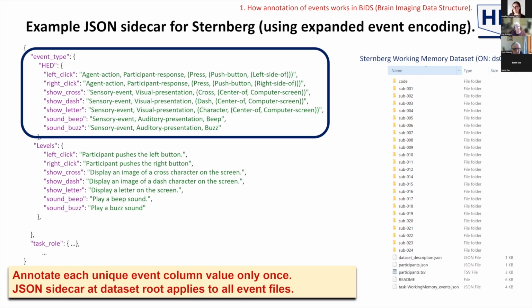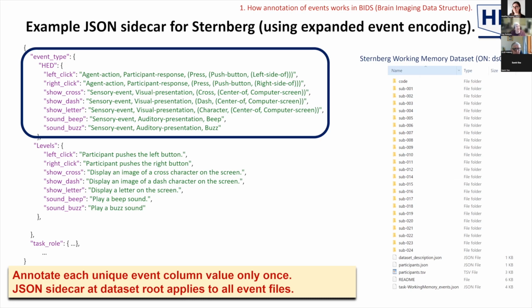And BIDS has, without HED, you use levels to describe what the items in the dictionary mean. And you can use the levels with the HED tags. Ideally, you would use both. And when you assemble event annotations for analysis, you have the option of including the level descriptions as part of the annotation as a description for searching.